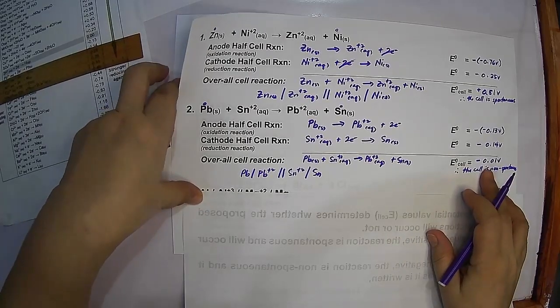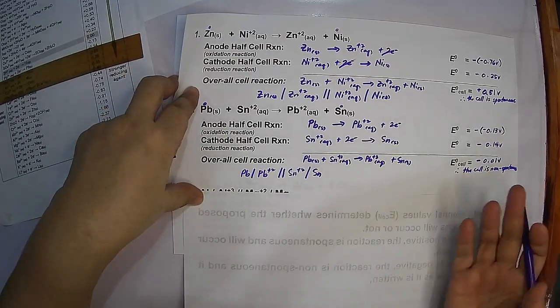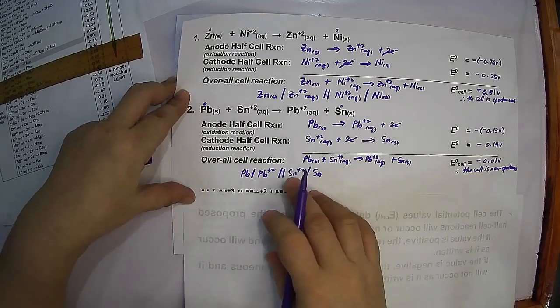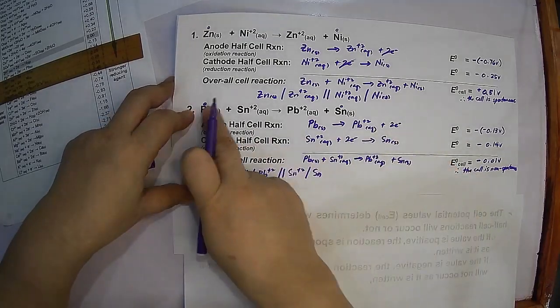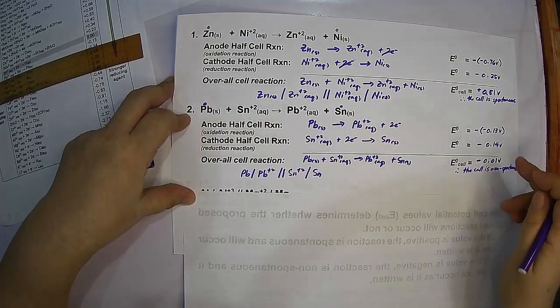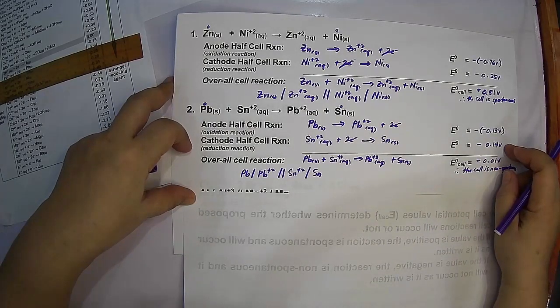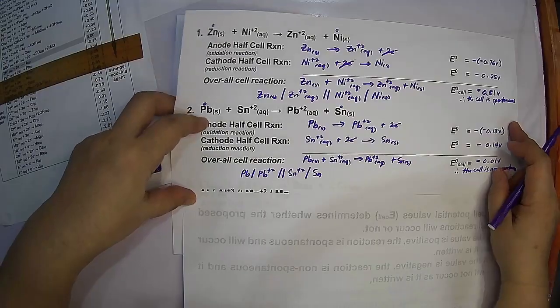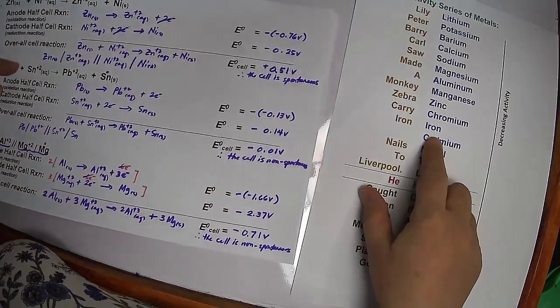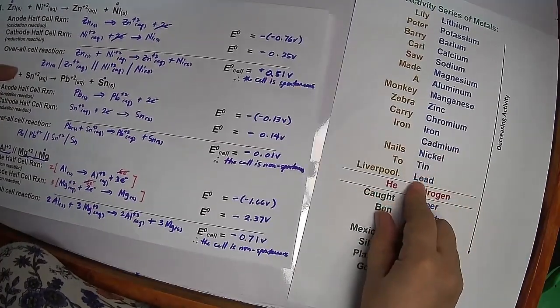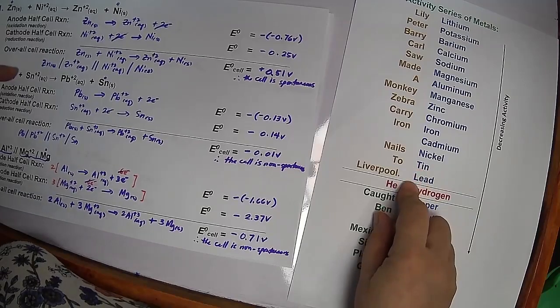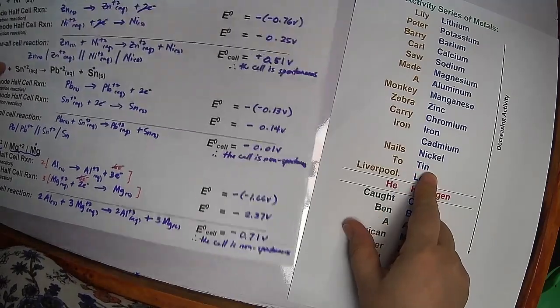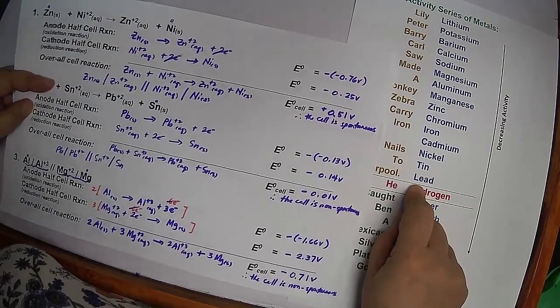It is negative, so there will be no current or electricity flowing if you take them as is. The anode should be the tin and the cathode should be the lead. Referring to our activity series, tin is more active than lead, so tin should be at the anode and lead is the cathode.